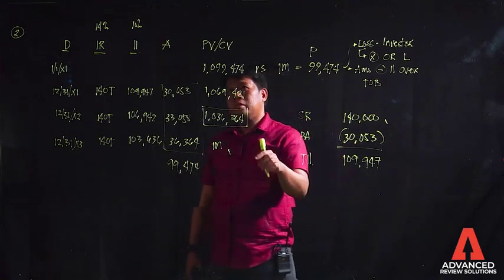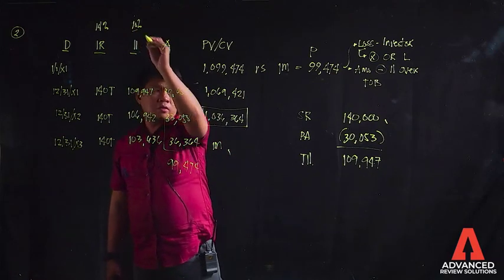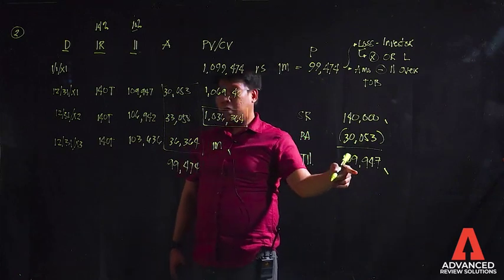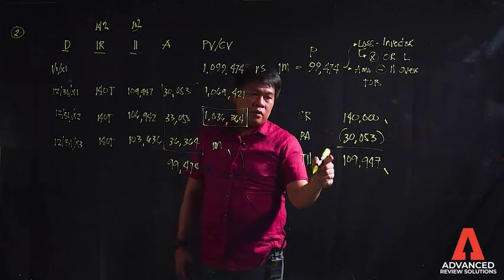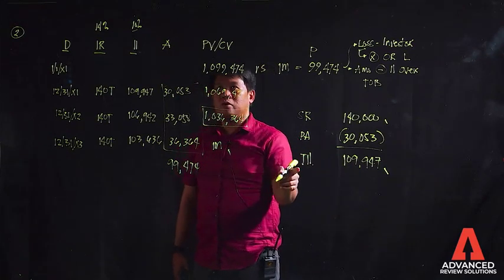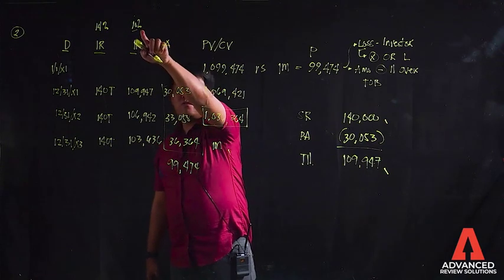Or, you will just use the present value or carrying value times the effective rate. Just like here, what is the interest income in 20x1? That is 109,947. The explanation is this. While, if you are under the time-pressured exam, what you need to do is use the present value times the 10% effective rate.